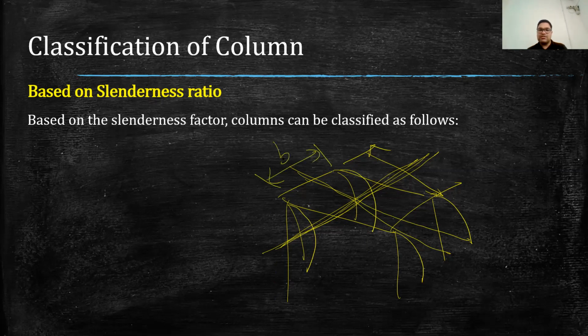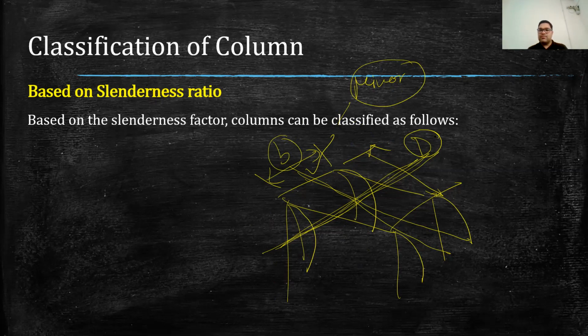If this dimension, say this is d, is less than the other d, then this axis will be known as the minor axis, because chances of bending of the column will be higher along the minor axis.